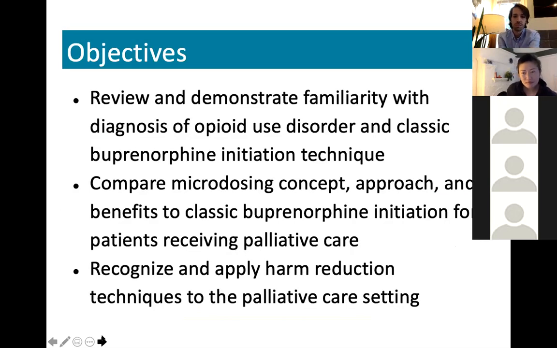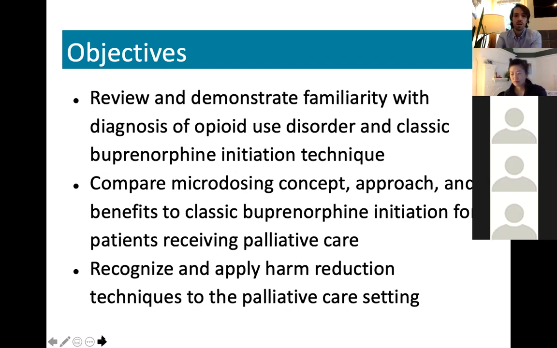So our objectives today, we'll first start by going over the more classic initiation technique of starting someone on buprenorphine. And then from there, we'll dive into discussing microdose approaches to initiating buprenorphine using both sublingual and the transdermal buprenorphine patch.